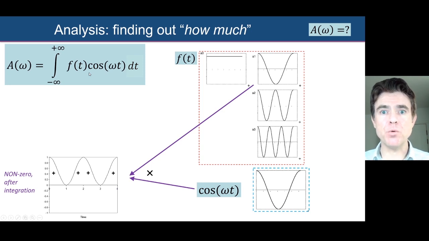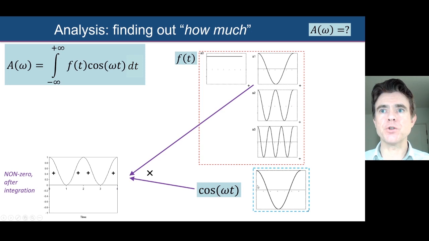It is that simple. But perhaps you might be wondering, well, hang on a minute, aren't there many frequencies contained within f of t? So how does this manage to only give the amount of a particular frequency omega in f of t? What about the other frequencies? Well, let's take a look at what happens if we multiply cos omega t by any other, different omega value.